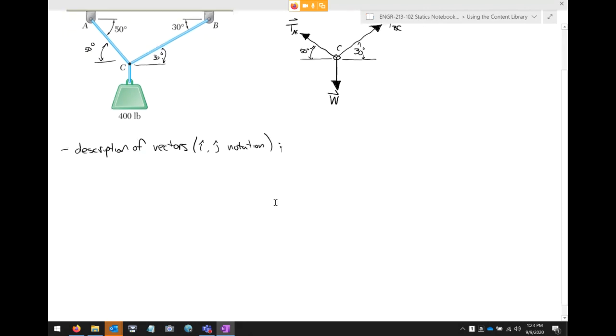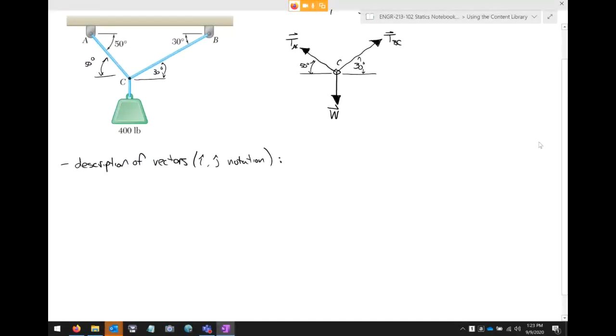We're referencing all of our angles from the x-axis, so that makes the description of our vectors pretty easy. Let's start off with vector AC. The angle is referenced with respect to the x-axis, so I can use the cosine for the x component and the sine for the j component.